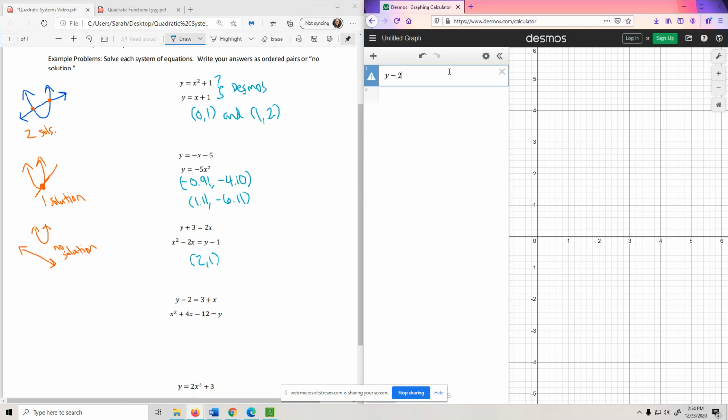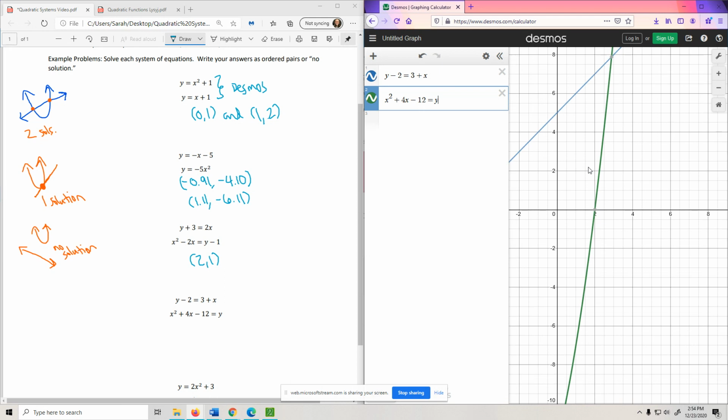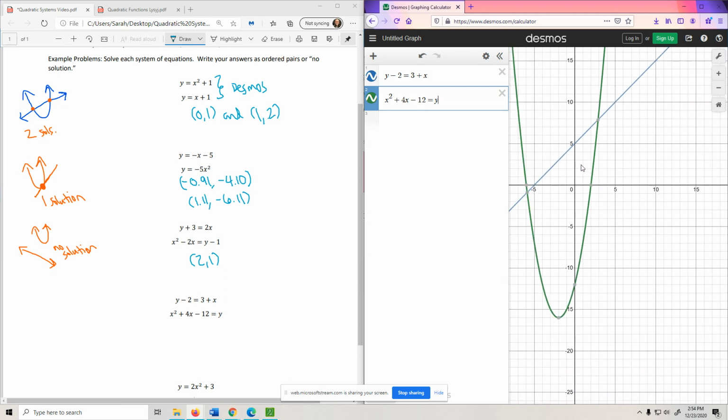So again, just be really careful about typing these equations in so that way you do things accurately. Okay, looks like we need to zoom out a little bit to see this one better. So we have our parabola in green, we have our line in blue. They cross in 2 places. Let's round each of those to 2 decimal places.